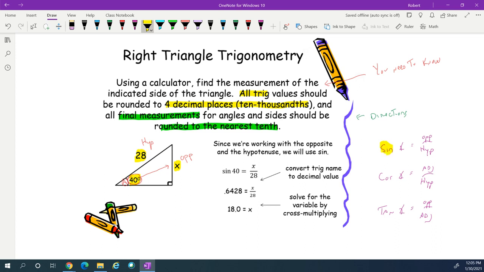Sine. So we have no choice. Once we identify the parts, we have no choice in our formula selection. There's only one to use. And we're just going to plug it in. So look at our substitution here. We're using the sine ratio. We filled in our angle of 40 degrees, our opposite over our hypotenuse.